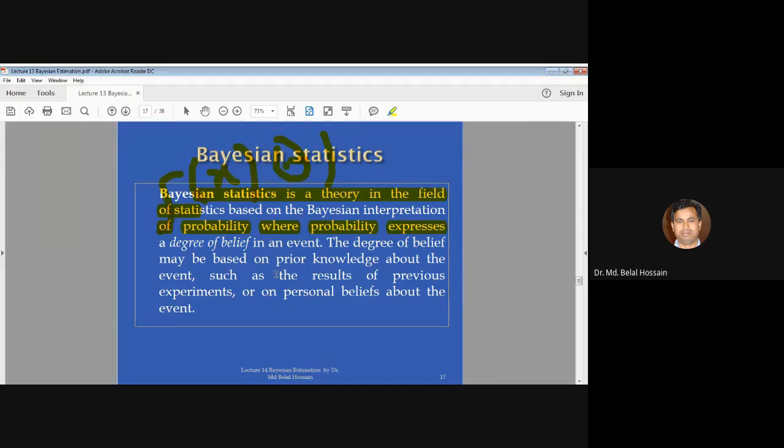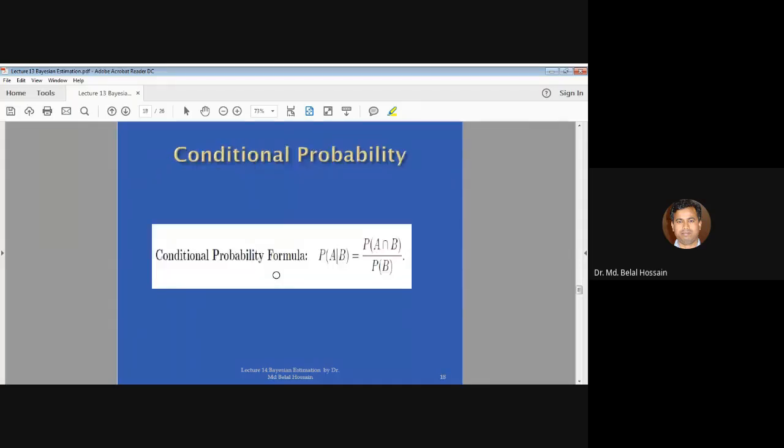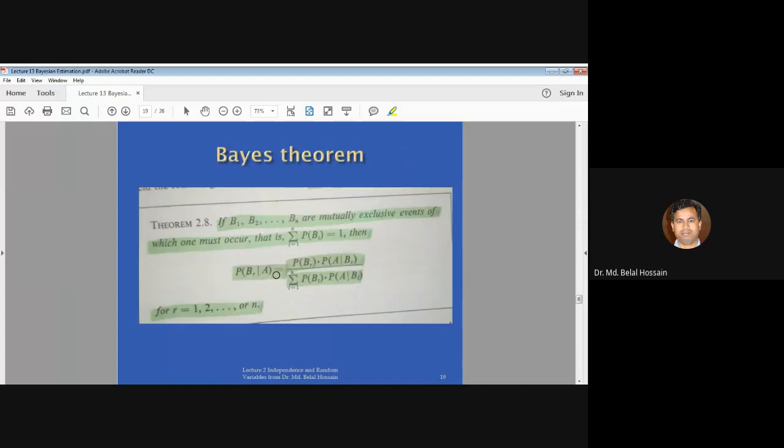So you knew about this conditional distribution, okay? And from there we learned this Bayes theorem, okay? So when we calculate this Bayes theorem, if you can remember, we calculated this probability of B_r and that was given. This probability of B_r is that prior probability, okay?